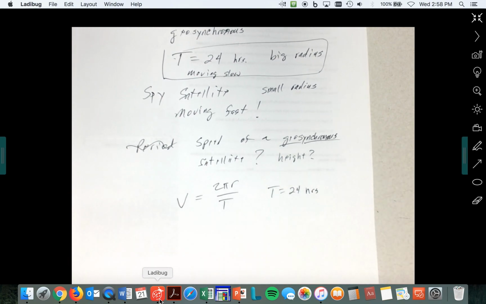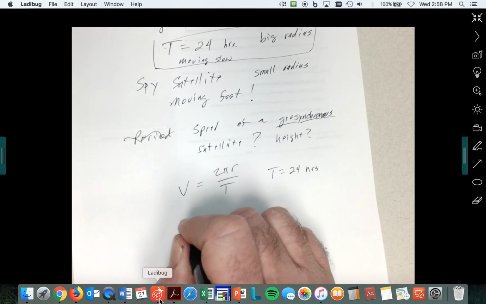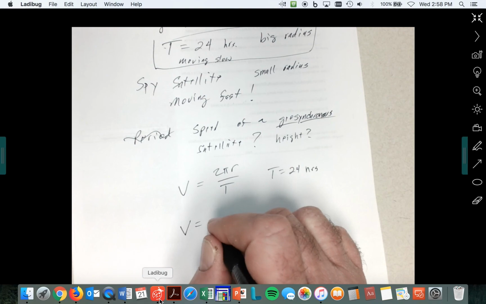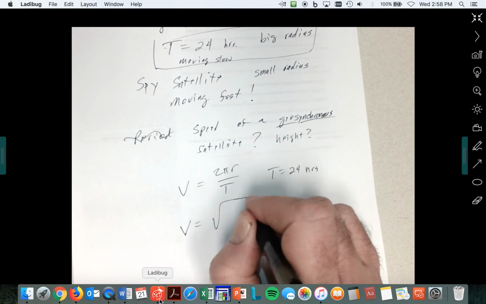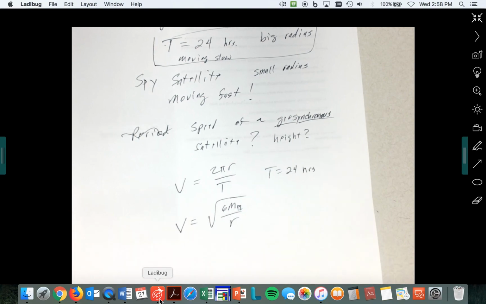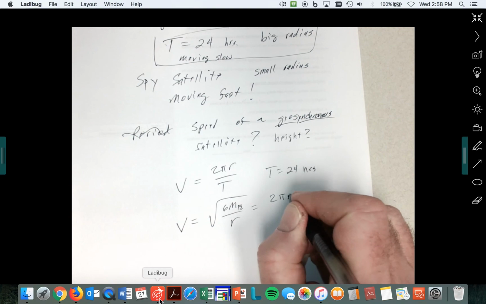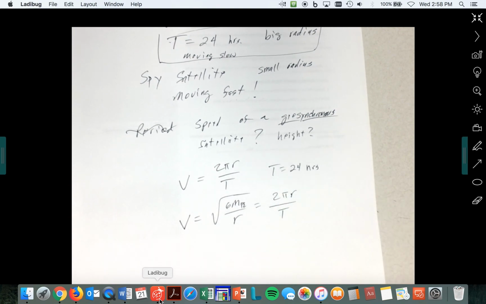We're going to have to convert that all to seconds. But I also know that V is equal to the square root of GME over R. Aha! So I'll set those two equal together. Now I've got one unknown and one equation.